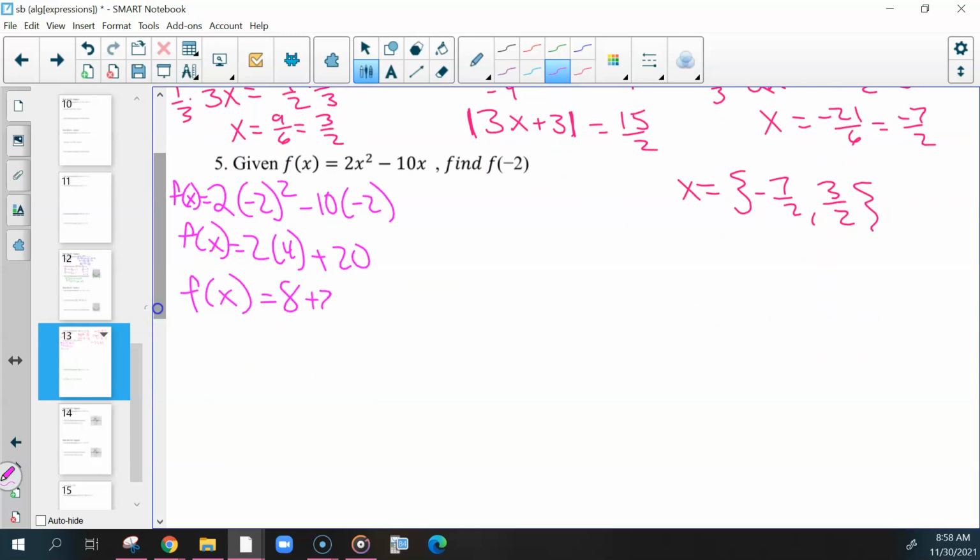Or 8 plus 20. So our y value is 28, or we can write it f of negative 2 equals 28. Either or. Do we have questions on either of these two, 4 or 5?